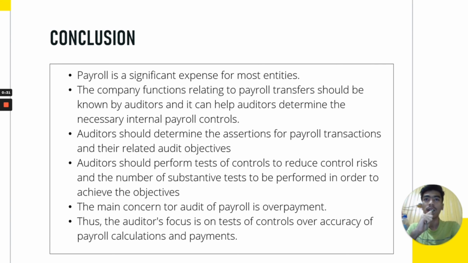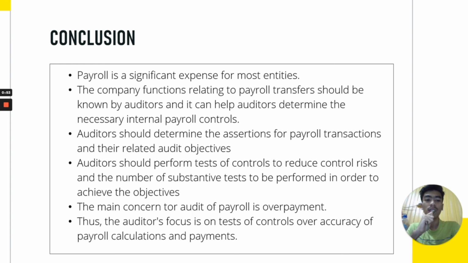Auditors should determine the classes of payroll transactions and their related audit objectives, such as occurrence, completeness, accuracy, cut off, rights and obligations, and also classification.